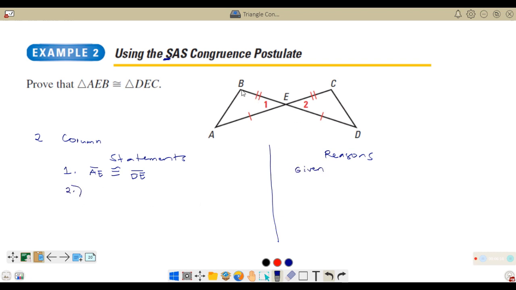Number 2, we have angle. Ano yung mga congruent na angle? Teka, lagay pala natin dito yung isa pang given before tayo maghanap ng included na angle. So, isa pang given, we have side BC.